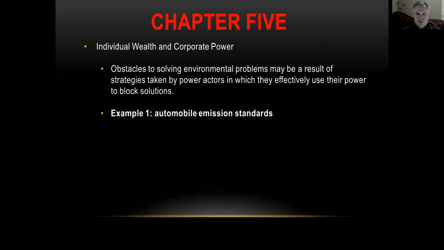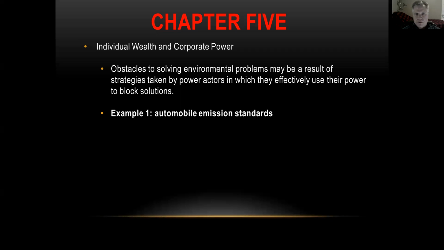So there is an incentive, or there should be an incentive, to increase the miles per gallon that automobiles can get. And so the automobile industry has resisted these kinds of standards because the most profitable cars to make in many cases have been the large SUVs and the big polluters.